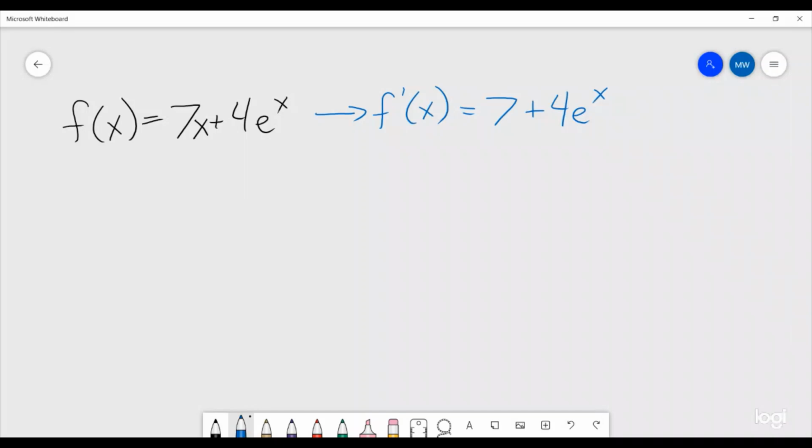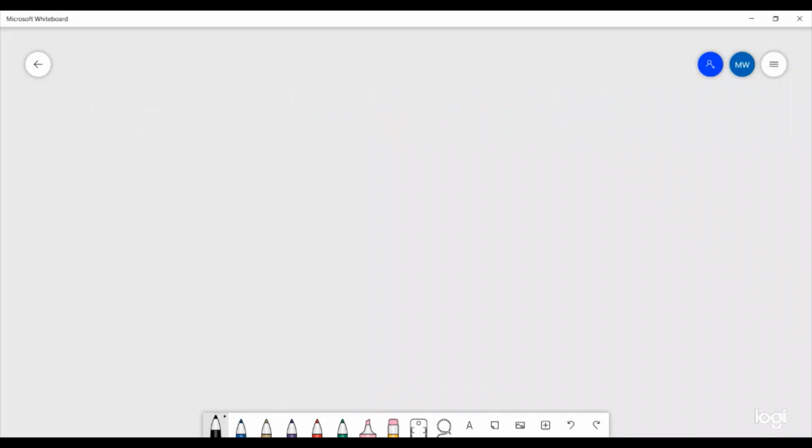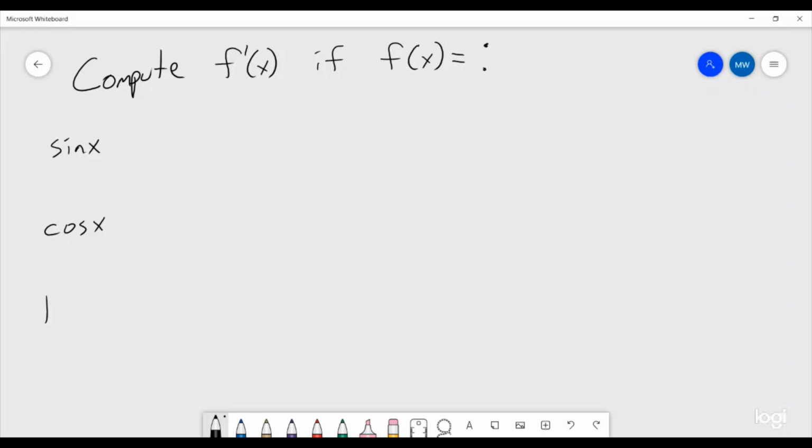Let's now just do some other functions. So let's jump into the trig functions. So let's compute the following. Compute the derivative of f if f of x is equal to sine x, cosine x, tangent x, secant x, cotangent x, and then cosecant x.